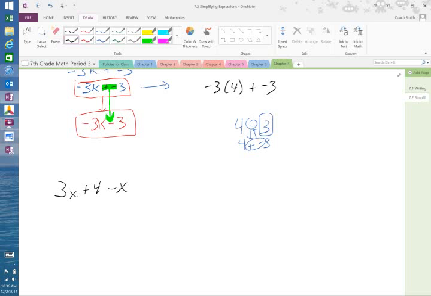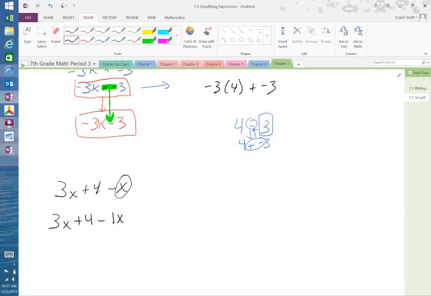What do we assume that's there? Okay. How many x's do I have right there? 1. So this is really 3x plus 4 minus 1x. You have to remember that there is a 1 in front of every variable that doesn't have any other numbers in front of it. There's always a 1 because I have 1x.